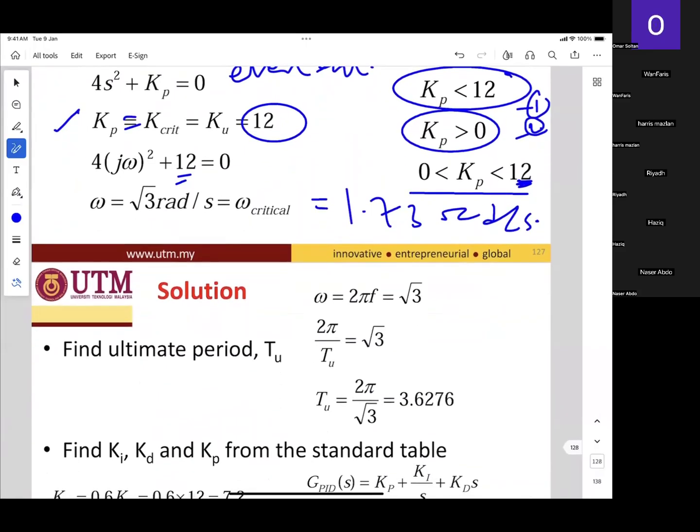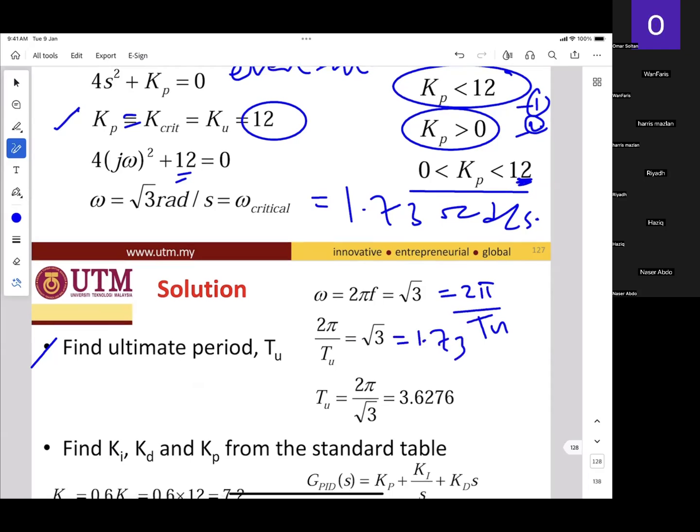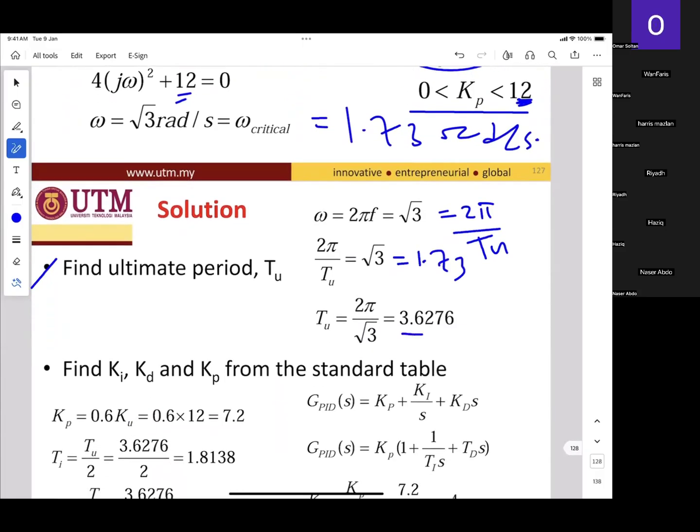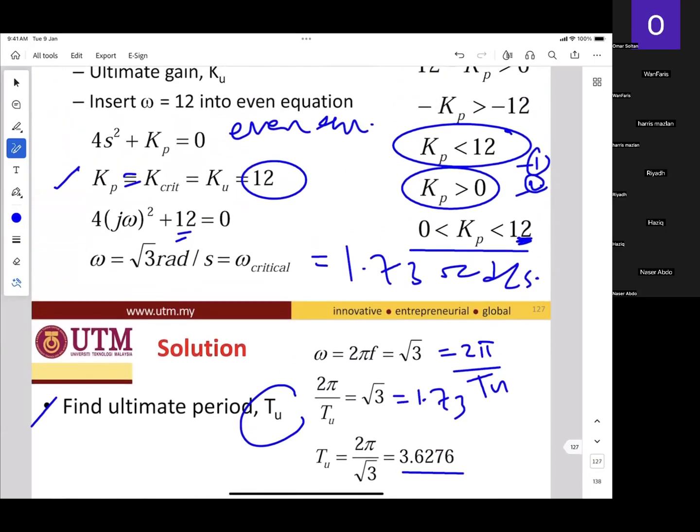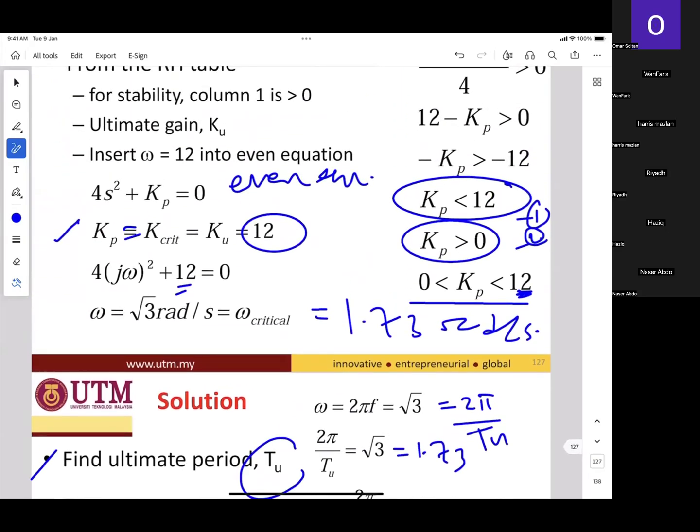Then find the Tu using this formula. Omega is equal to 2 pi f, or 2 pi divided by Tu. 1.73. Okay. So which is 3.6276. So you already find Tu, you already find omega u.